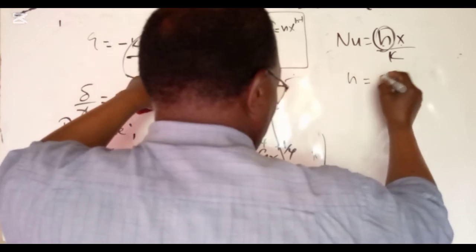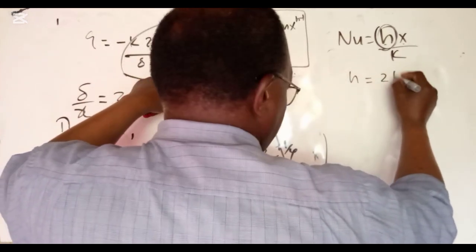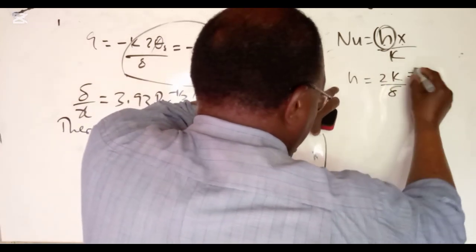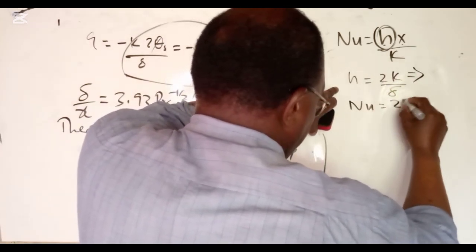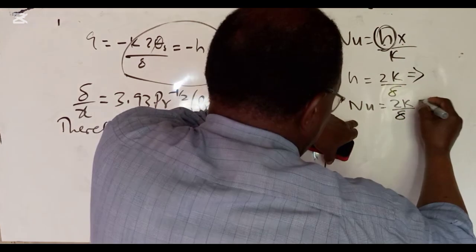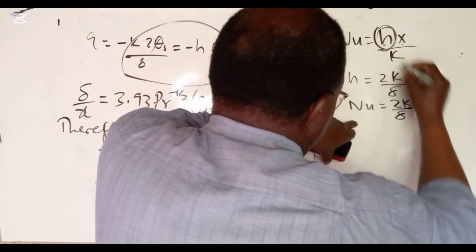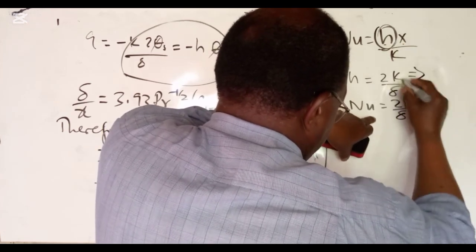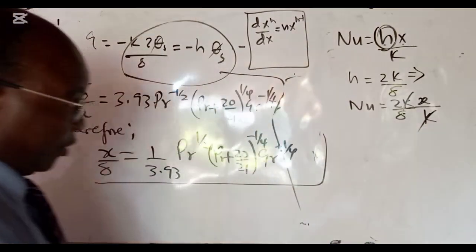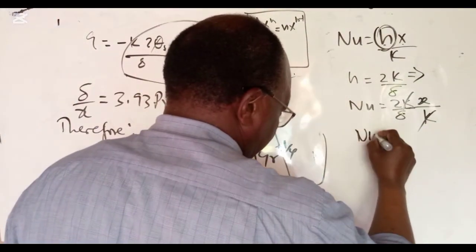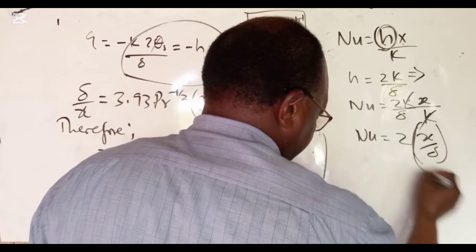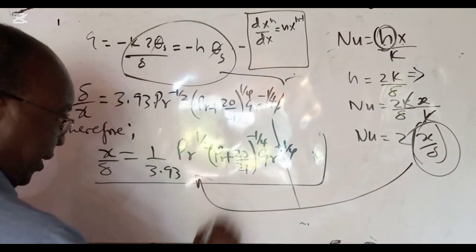So when we put our h there, the Nusselt number was 2k over sigma times x over k, the k is cancelled out. So we have the Nusselt number is 2 times x over sigma. And that x over sigma is what we have here.